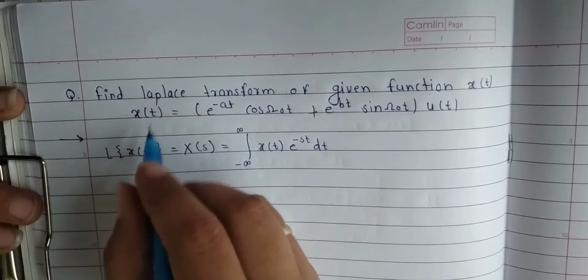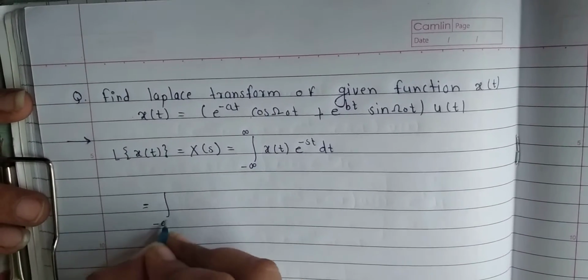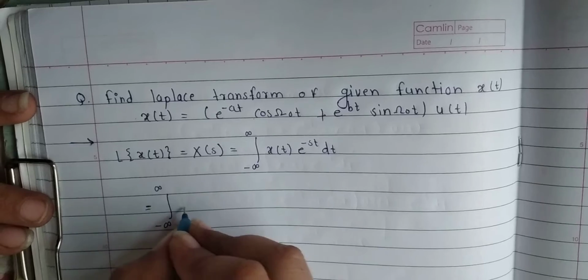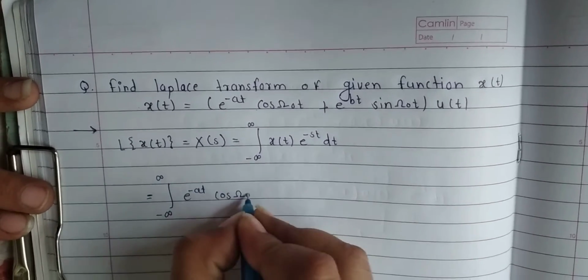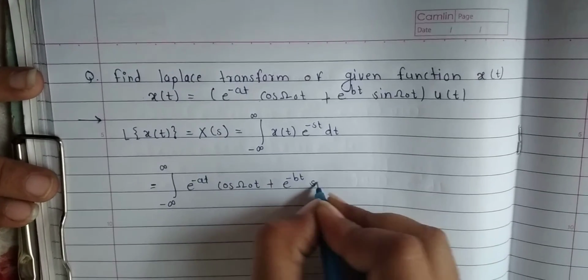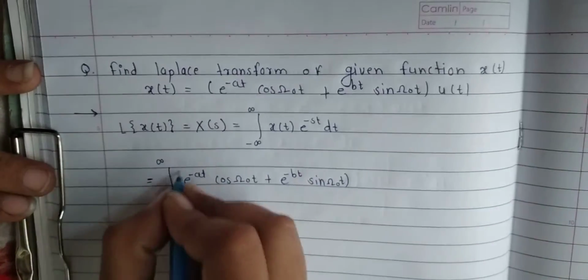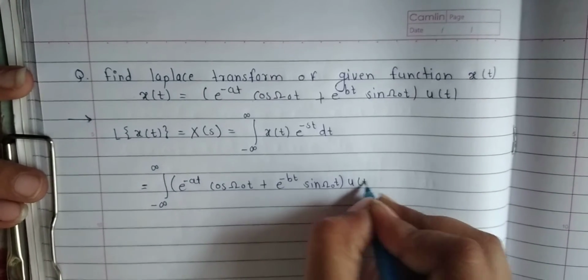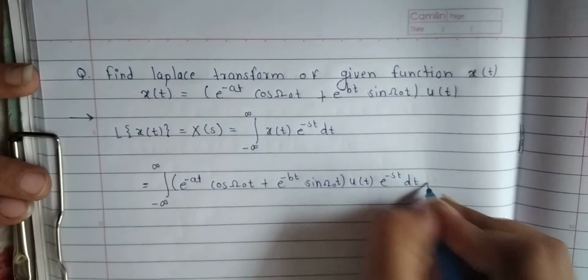Now we substitute the function x of t into this, so it becomes integration minus infinity to infinity e raised to minus at cos omega naught t plus e raised to minus bt sin omega naught t into u of t e raised to minus st dt.